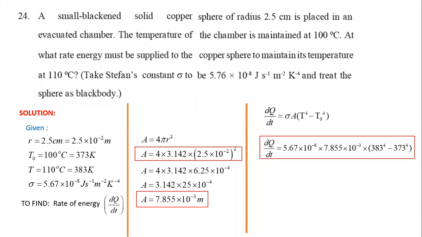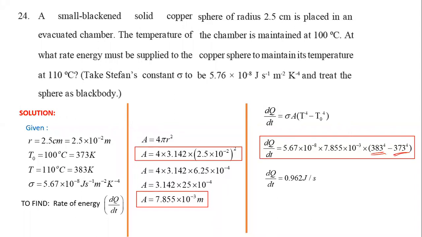So this raised to 4 you have to do. This is lengthy. This is also lengthy. Then you can find out the raised to 4 by using a log table. You substitute here and after doing the calculation you get the answer 0.962 joule per second.